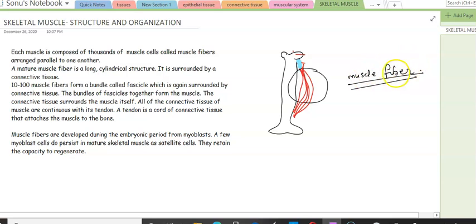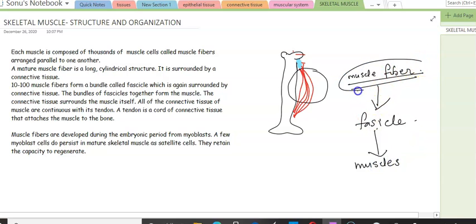Muscle fibers are single long cylindrical structures, surrounded by a connective tissue. So 10 to 100 muscle fibers form a bundle called a fascicle, and these bundles of fascicles form the muscles.